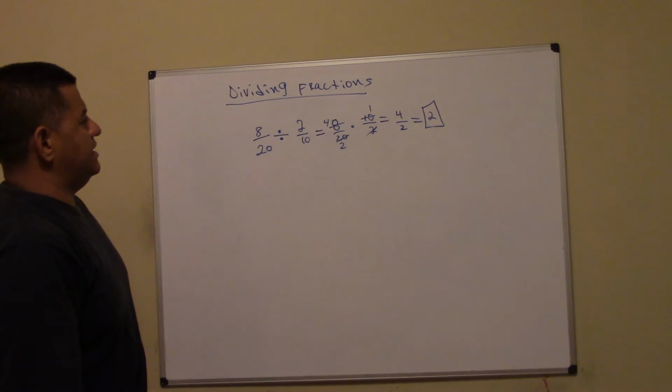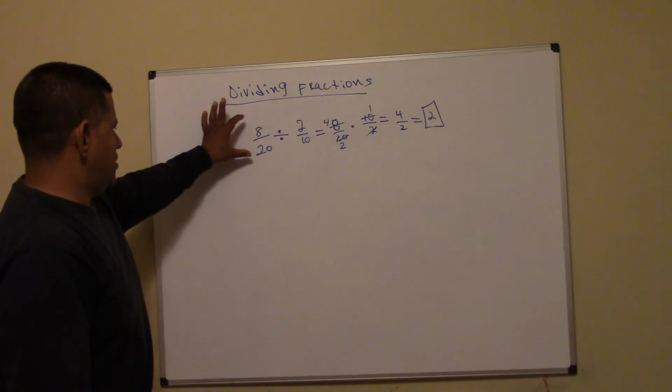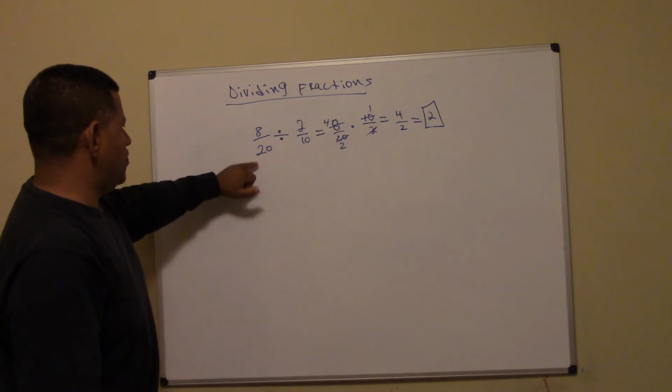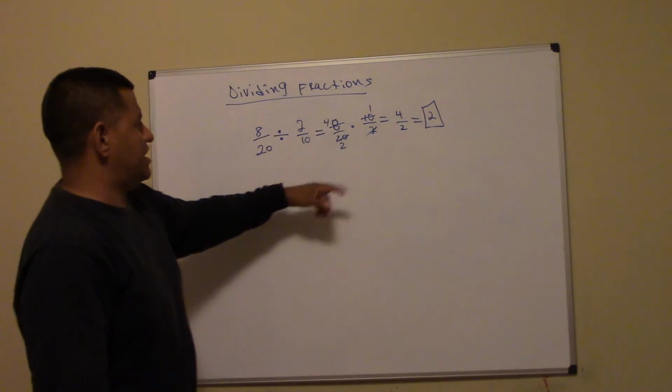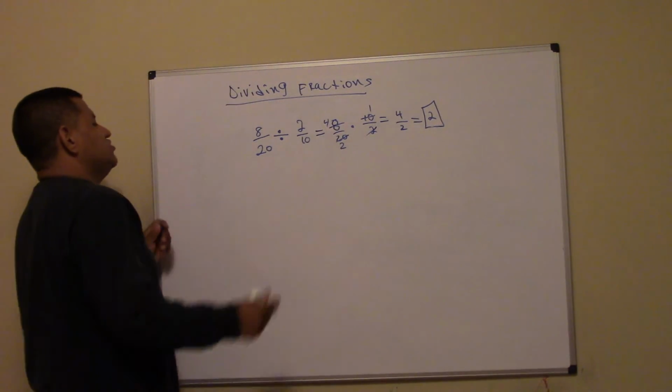So basically 8/20 divided by 2/10 is equal to 2.